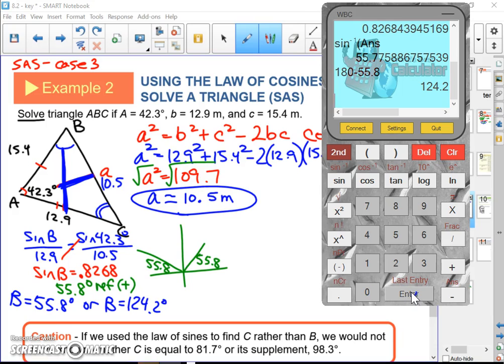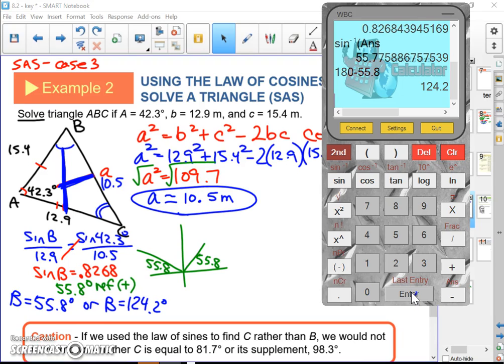Okay? But 124.2, if that were in a triangle, if you had an angle of 124 in a triangle, that's going to have to be the biggest angle in a triangle. Does that make sense? Do you agree with that? Yeah. It can't be anything bigger than 124. But remember the decision that we made earlier? We specifically chose to find angle B because it was not the biggest angle in the triangle.